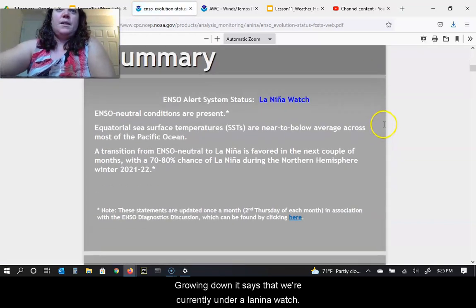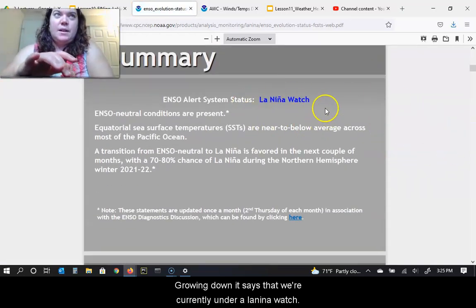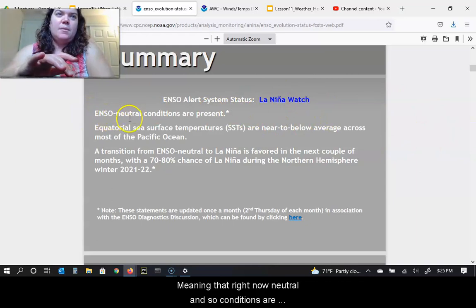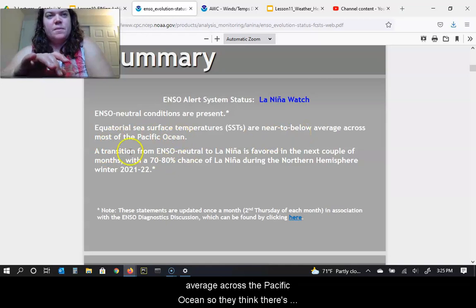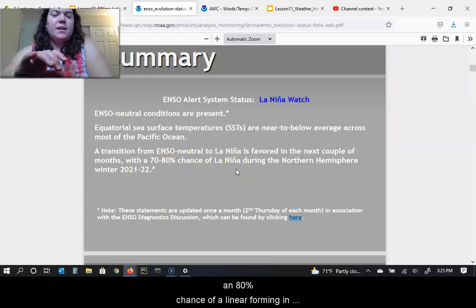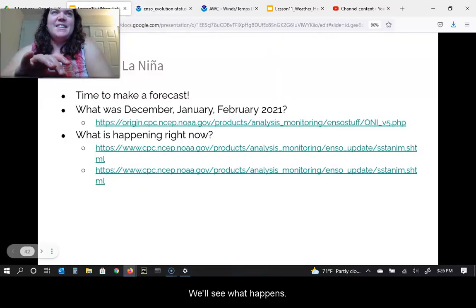Scrolling down, it says that we're currently under a La Nina watch, meaning that right now neutral ENSO conditions are present, but the sea surface temperatures are near to below average across the Pacific Ocean. So they think there's an 80% chance of a La Nina forming in the winter of 2021-2022. So we'll see what happens. Should be exciting.